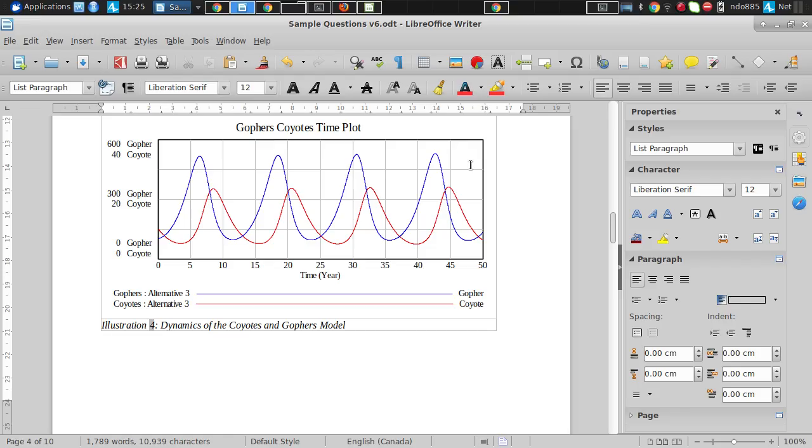An example would be the gopher or coyote one, that was like that. This is like a metastable equilibrium, and if I don't try to adjust for it, if it goes off, it'll accelerate off of it.